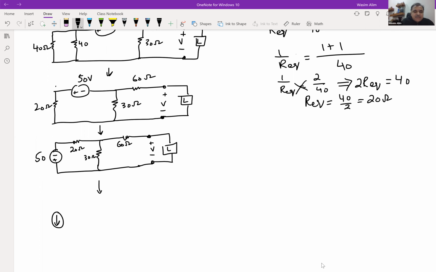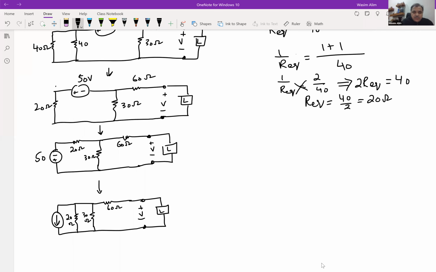So in this case, that's what we get, and this resistor becomes a parallel combination. So this is 20 ohms, this is 30 ohms, and then I have the 60 ohms here. And this is my two-port network with a load connected like this. Okay.